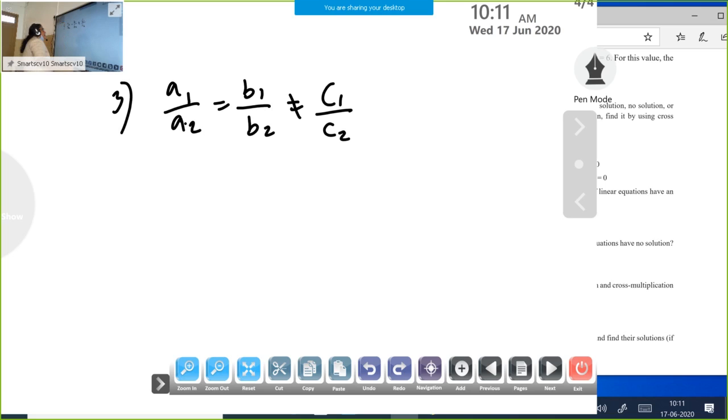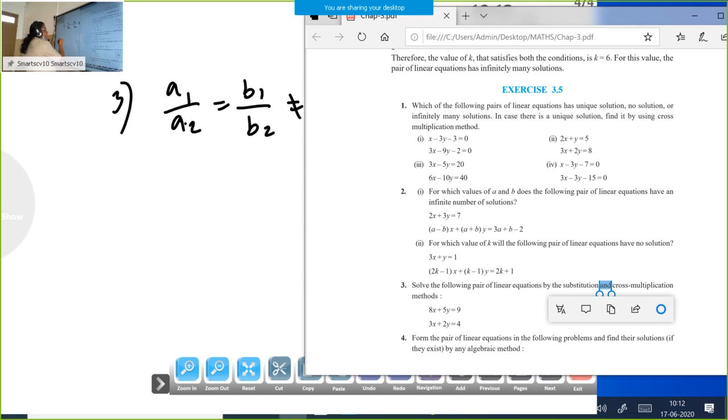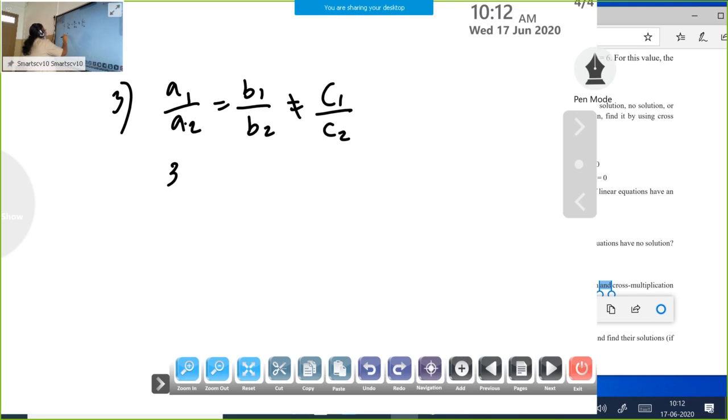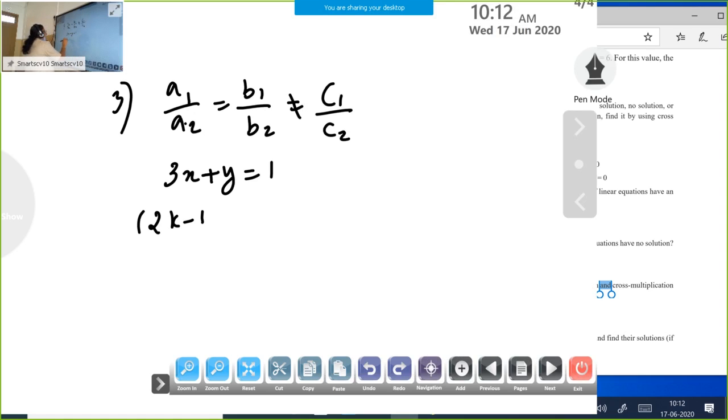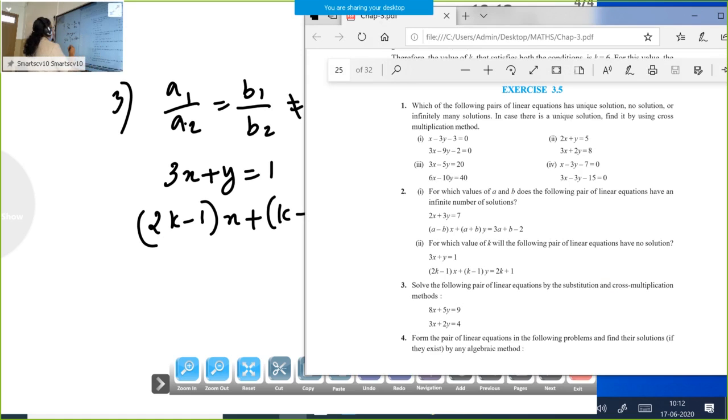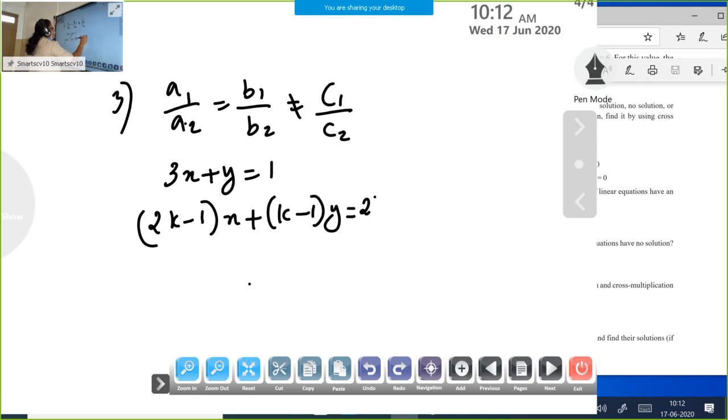That is, the first equation is 3x plus y is equal to 1, and the second equation is 2k minus 1 times x plus k minus 1 times y is equal to 2k plus 1.